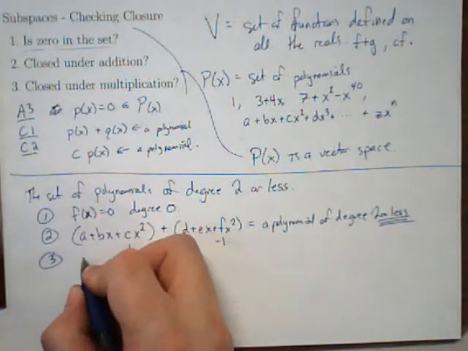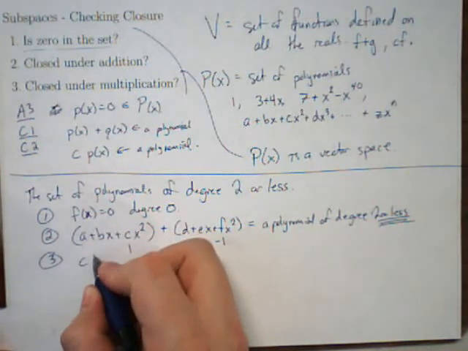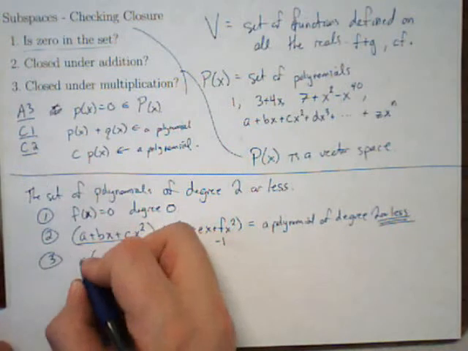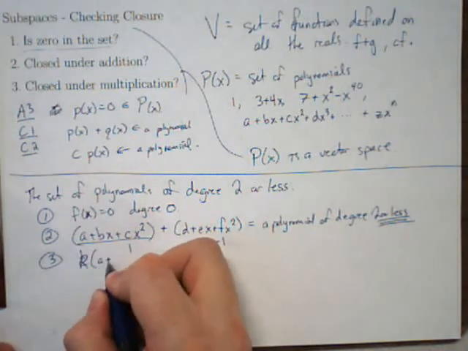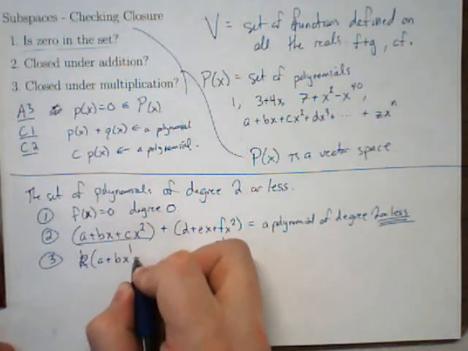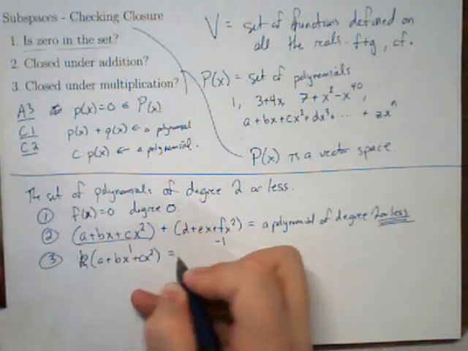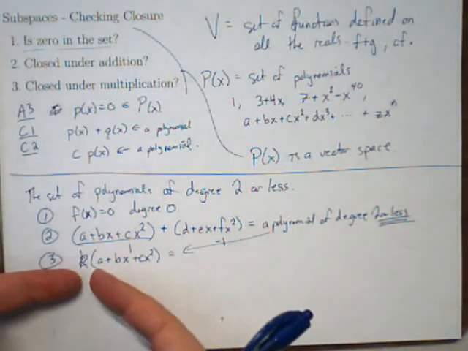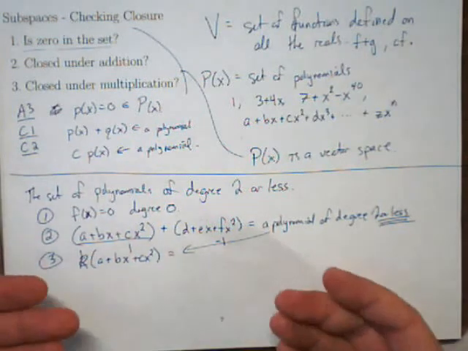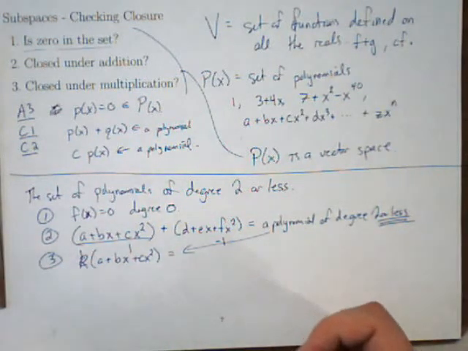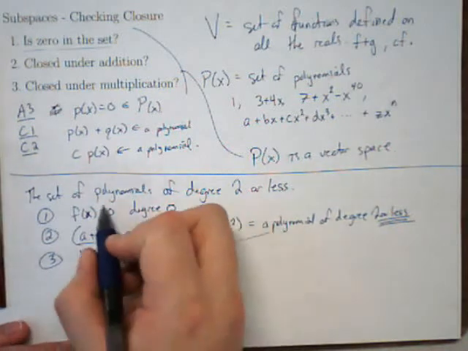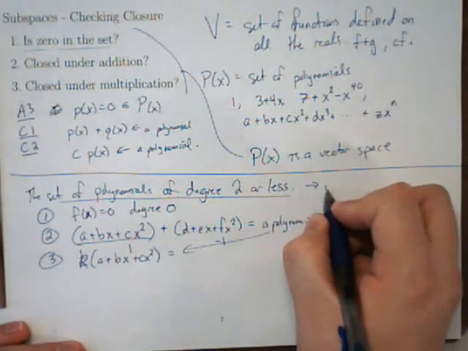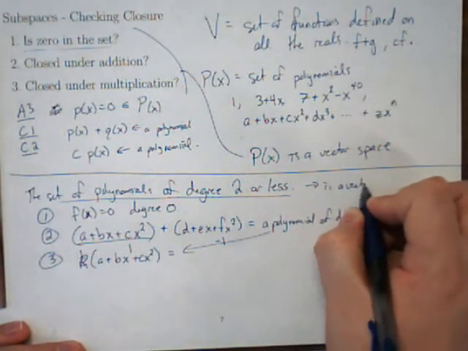And then three, if you take a constant k and multiply it by a plus bx plus cx squared, it is again a polynomial of degree 2 or less. I just multiply each of the coefficients by k, which doesn't change the degree. So again, this set of polynomials is a vector space.